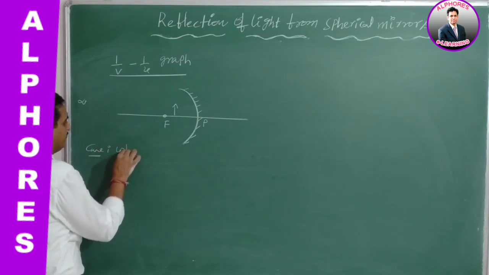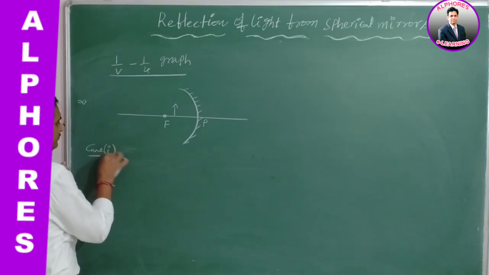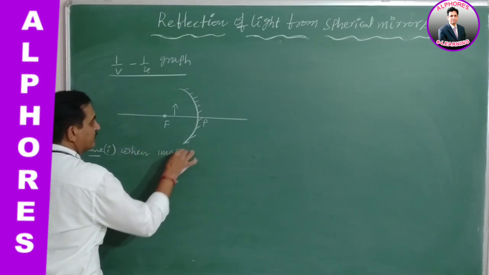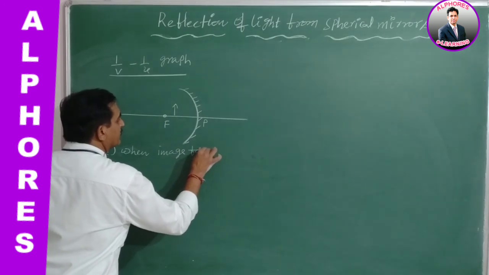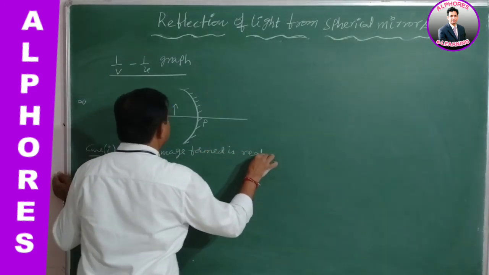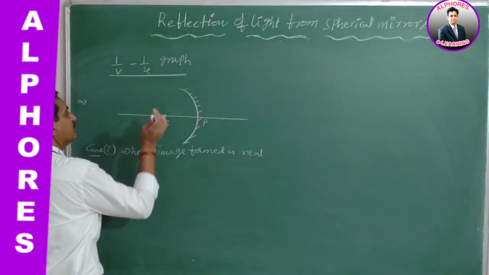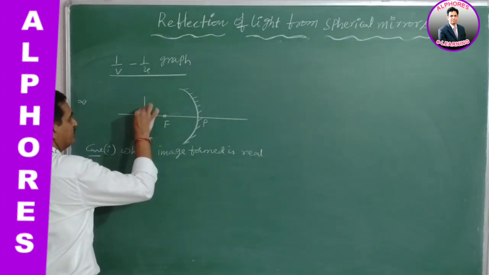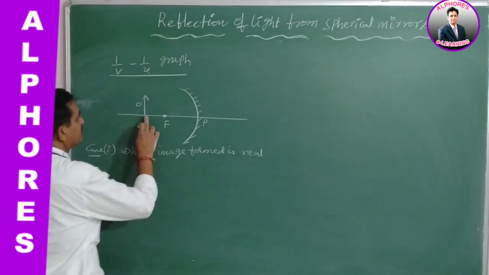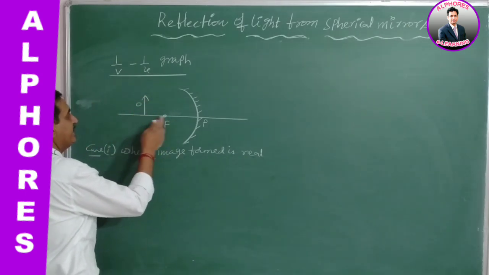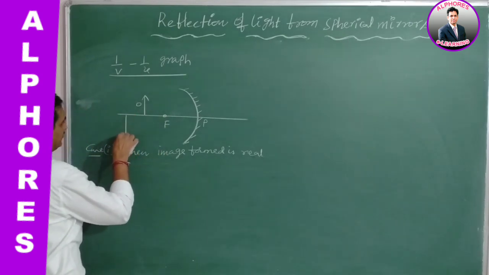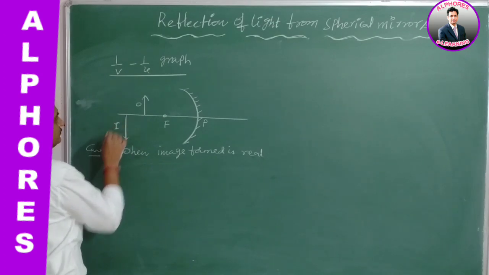Okay. So here, in the first case, possibility case 1, the image formed is real. Suppose a real image is formed. Suppose the object is kept here. This is the object, and it is beyond the focus point, so its corresponding image is formed over here.